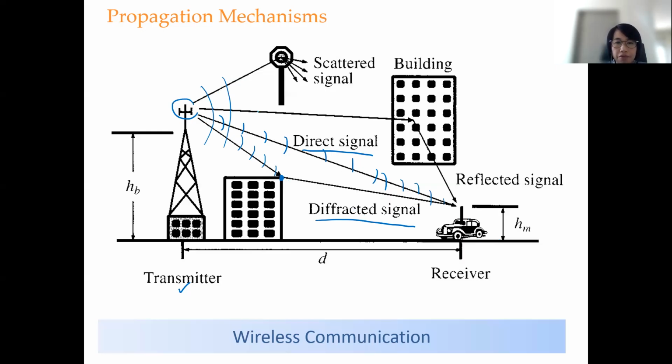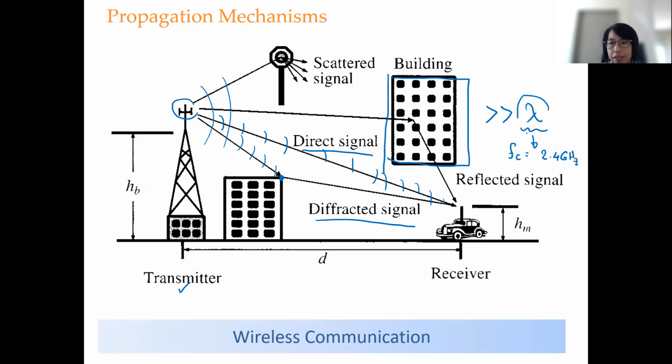Some waves will be incident on a big plane whose dimension is much larger than lambda. You know lambda, right? Lambda means the wavelength, and it depends on the frequency that you operate at. For example, if you use Wi-Fi, the frequency is 2.4 gigahertz.